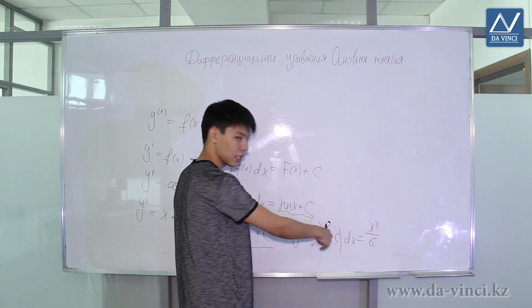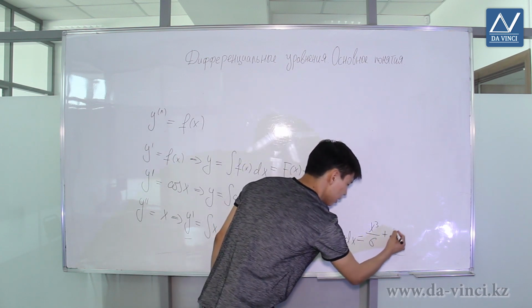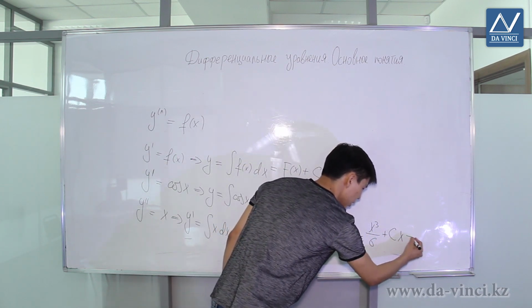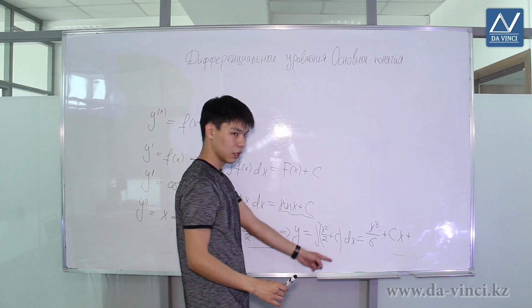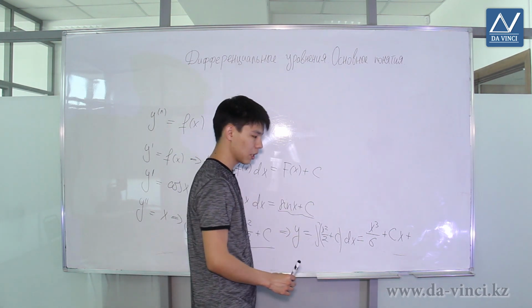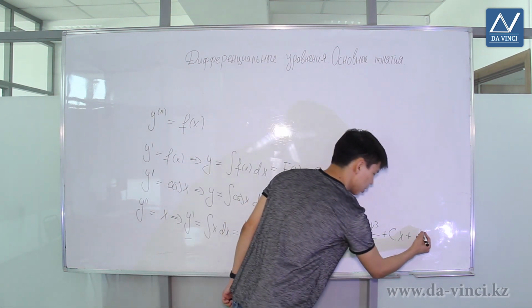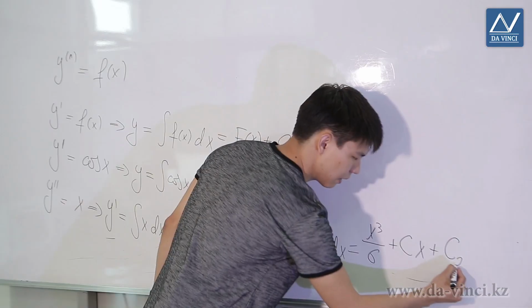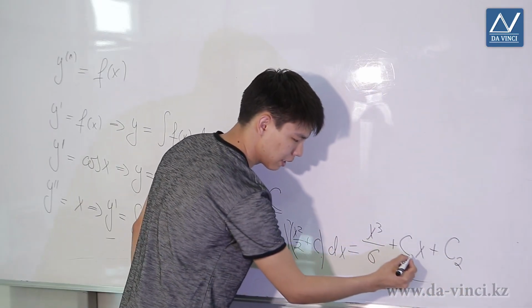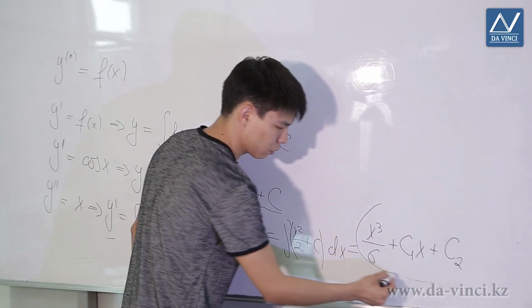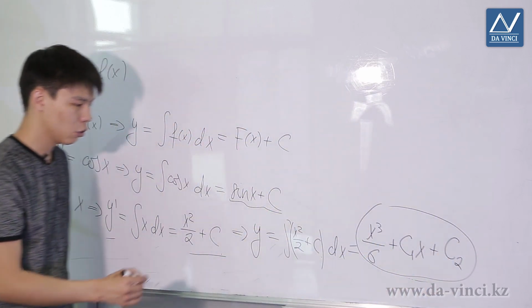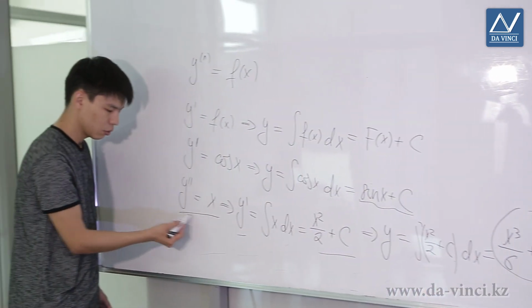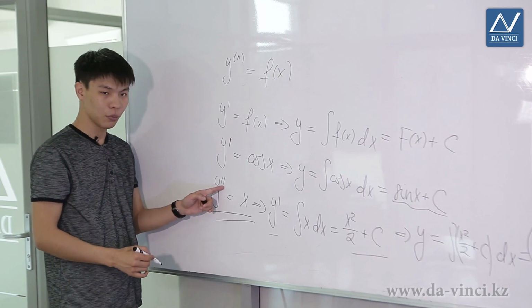The integral of c, a constant, will be equal to c times x. Plus, we must add one more arbitrary constant, since we have an integral. Let's call it c2, and let's mark the previous constant as c1 for convenience. Thus, this function will be the general solution of the original second-order differential equation.